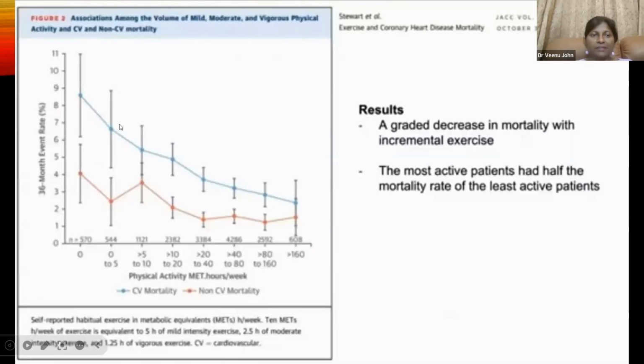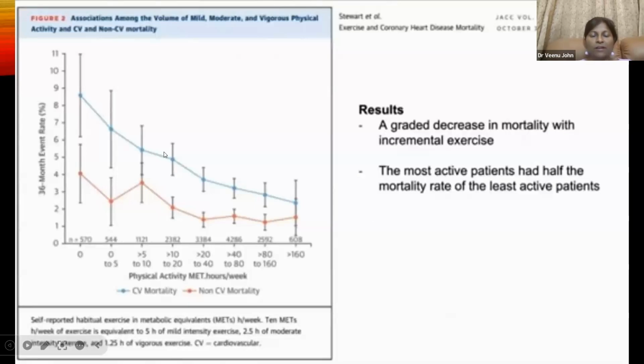And we clearly see that the blue line is the cardiovascular mortality, and the red line is the all-cause mortality. When we look at both, there is a decremental decrease in the mortality as there is an increase in the exercise. So, exercise not only reduces cardiovascular mortality in coronary artery disease patients, but it also reduces all-cause mortality. So, all forms of mortality come down.